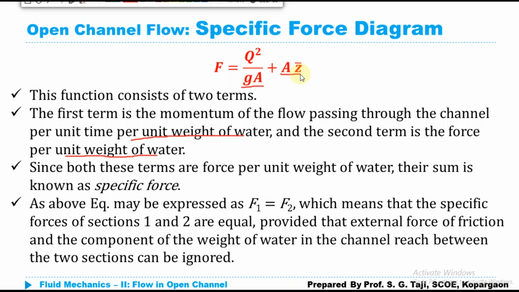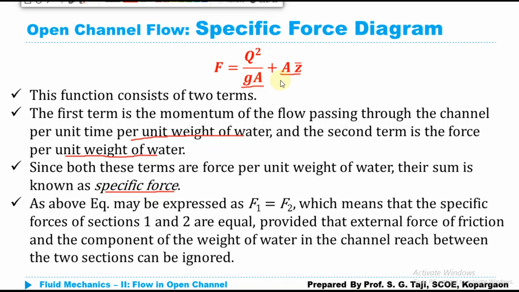So this whole term represents the force, and that's why it becomes the addition of two forces. That is why it is known as specific force, which is the force per unit weight of the water, and which is the sum of those two terms, Q squared upon gA plus A Z bar.